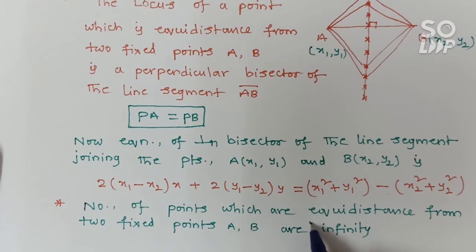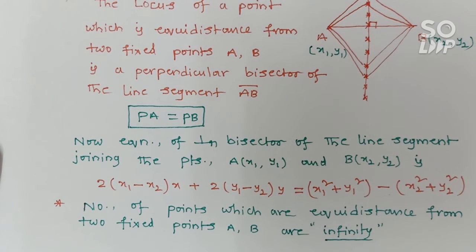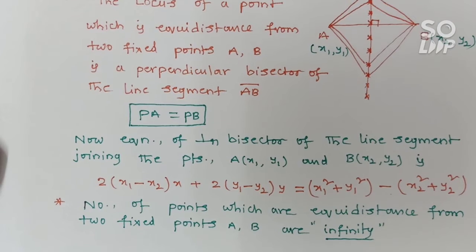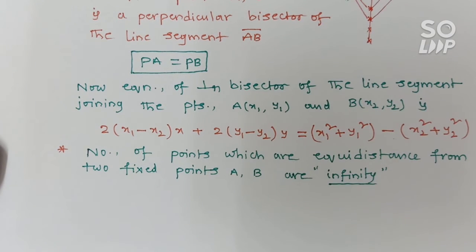This is a very important point from an objective point of view. When two points are taken, the locus of the points which are equidistant from two fixed points will be infinite.